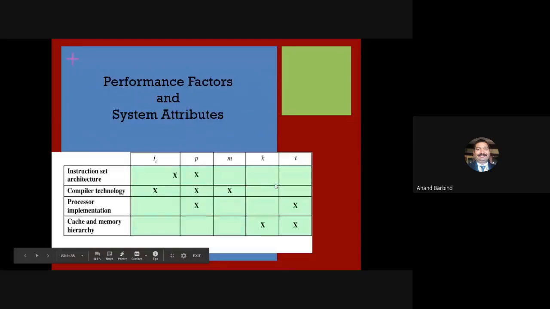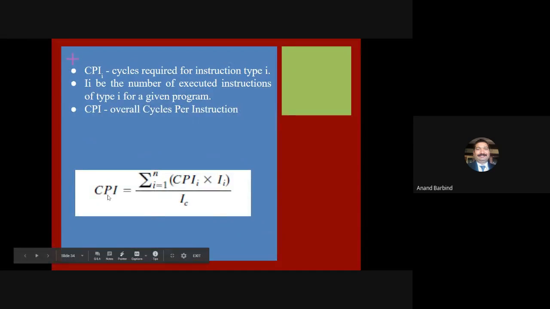We shall be using this particular formula. The overall CPI can be calculated by this formula. CPI 1, CPI 2, CPI 3, and CPI 4 are given to us. I1, I2, I3, I4 can be calculated. IC is 2 million, and we need to calculate I1, I2, I3, and I4.